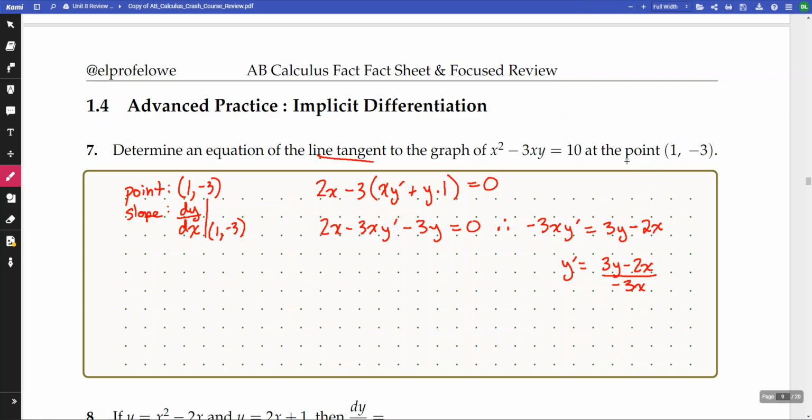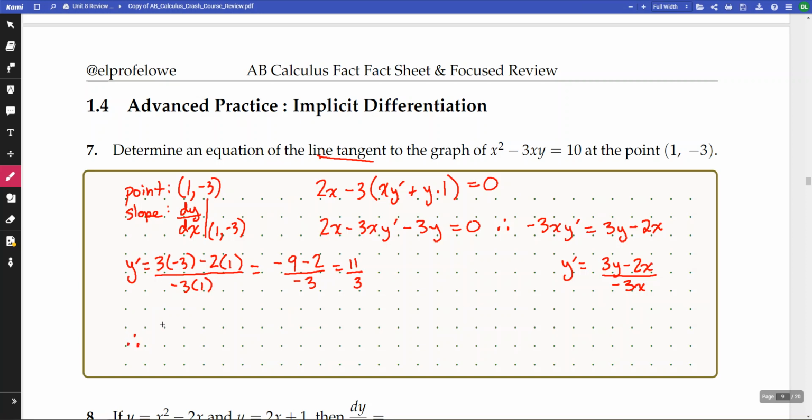Now, I know my point (1, -3), so that means that y prime is going to be 3 times -3 minus 2 times 1, all over -3 times 1, substituting the x and the y value. If I do that, that gives me in the numerator -9 minus 2, in the denominator -3. Simplifying that gives me 11/3.